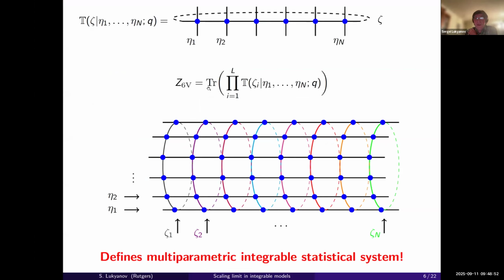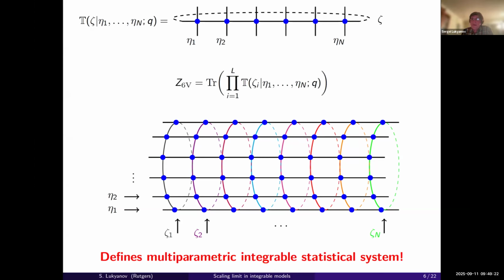We can now define the model where the transfer matrix is the elementary block, and the partition function for the inhomogeneous model is again expressed as the trace of the product of transfer matrices. What's important is that once the idea of the method was formulated, the generalization looks rather straightforward.